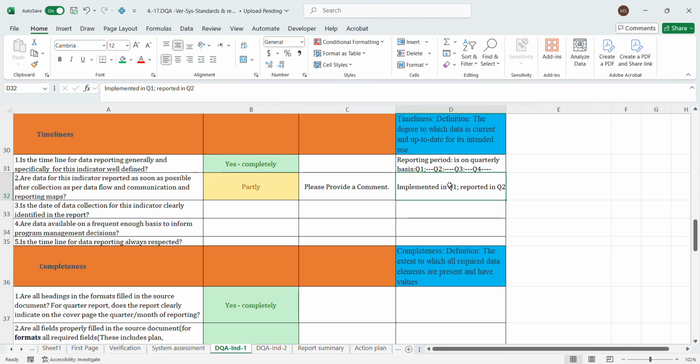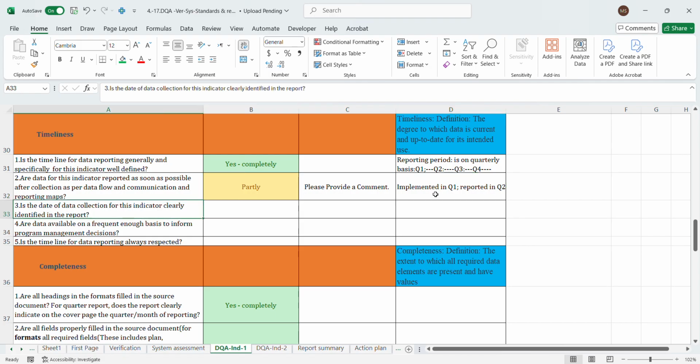But if the activity is implemented in quarter one and at the same time reported in quarter one, we say yes completely. But since we have said the implementation is in quarter one and the report was in quarter two, that will be partly.